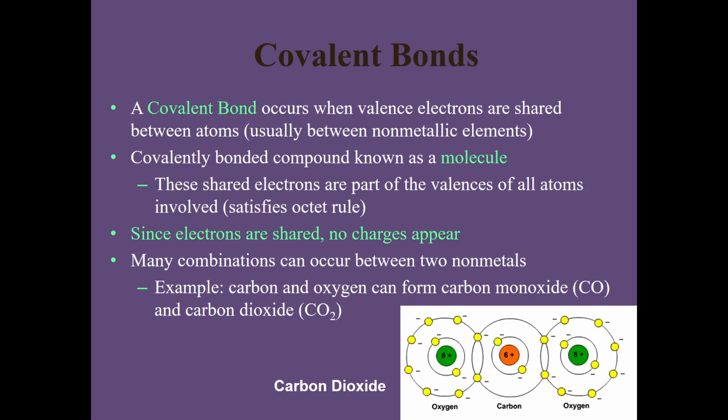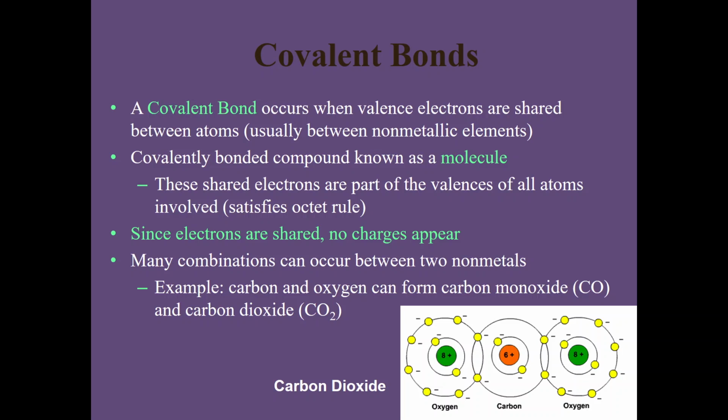Since electrons are shared, no charges appear. Many combinations can occur between two nonmetals. Carbon and oxygen can form either carbon monoxide or carbon dioxide. So if I ask you what carbon and oxygen make, well, it can make multiple different covalent compounds.